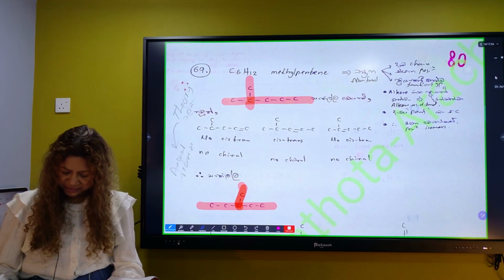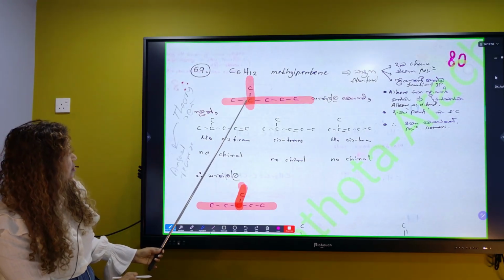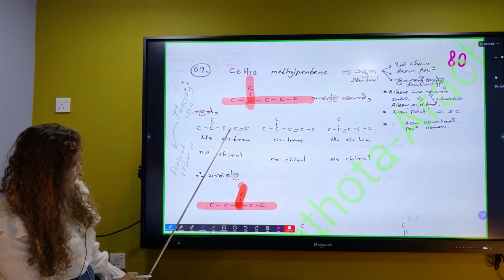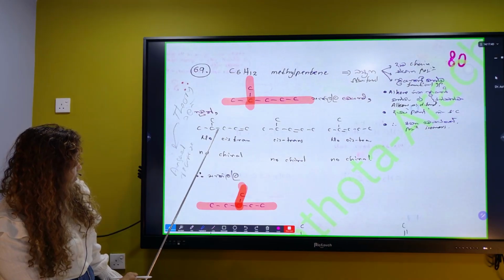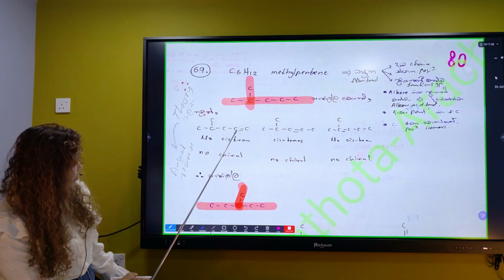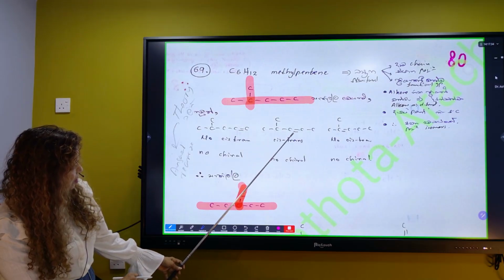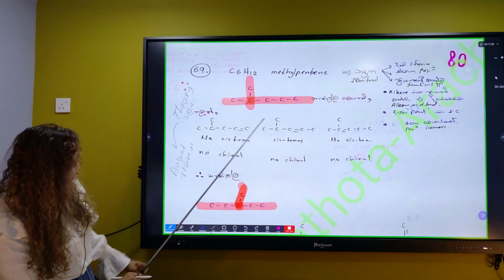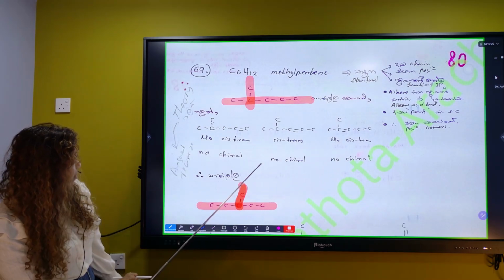If this is the structure, the double bond is supposed to come between the first and second carbon. This one has cis-trans and here there is no cis-trans. But none of these has a chiral carbon.